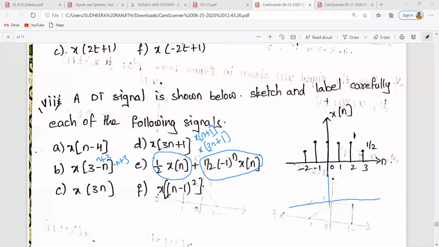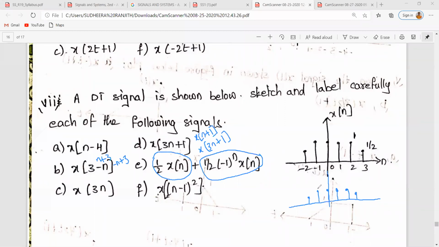So half into half, what is its value? 1 by 4. 1 into half, what is its value? 1 by 2. 1 into half, what is its value? 1 by 2. 1 into half, what is its value? 1 by 2. 1 by 2 into half, what is its value? 1 by 4, right?